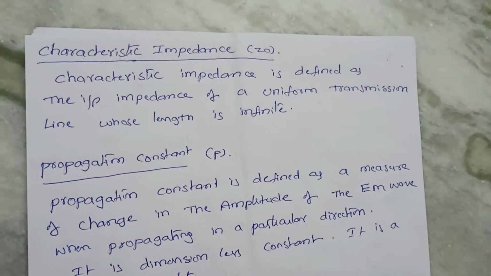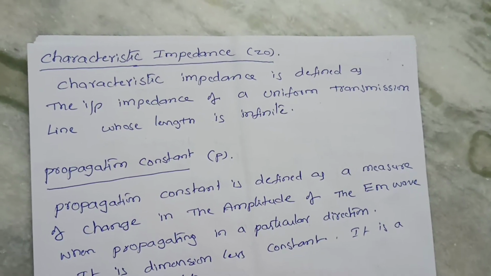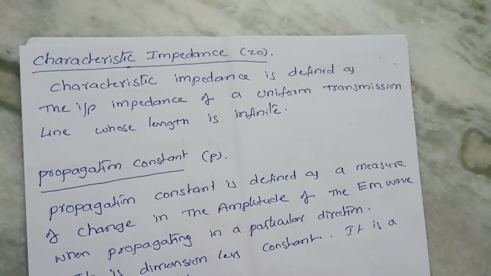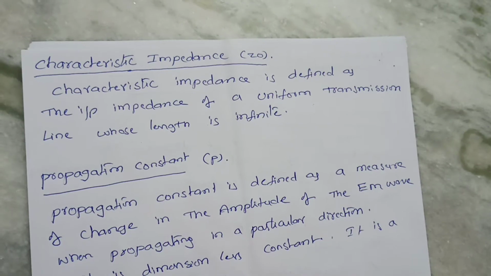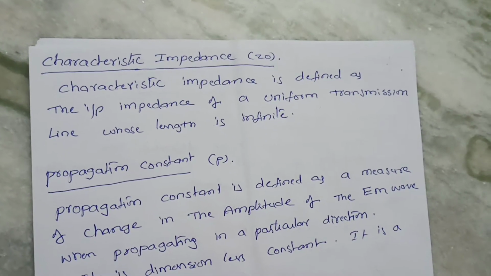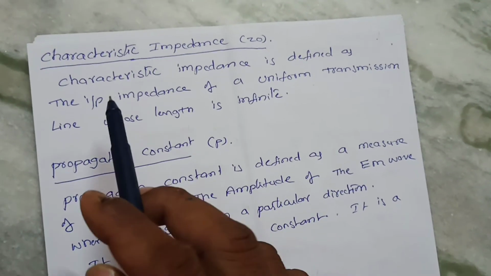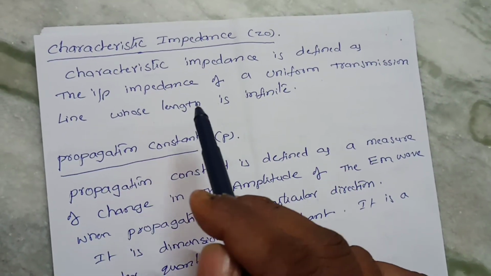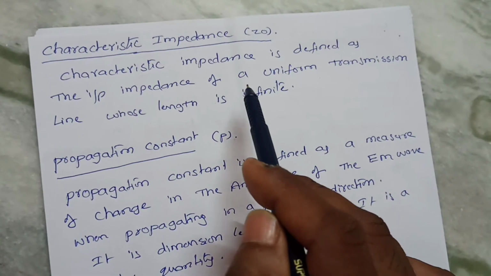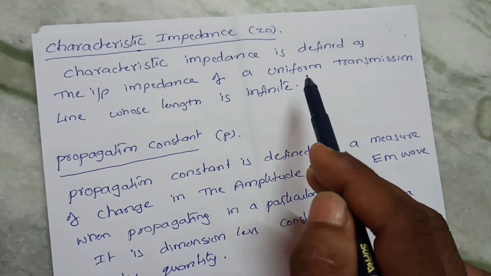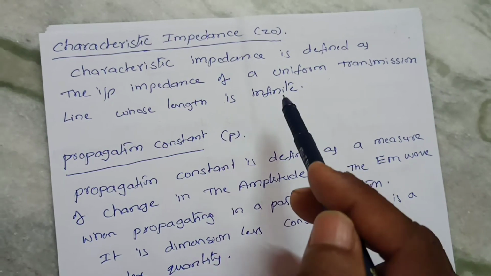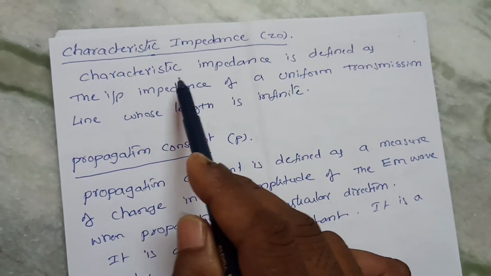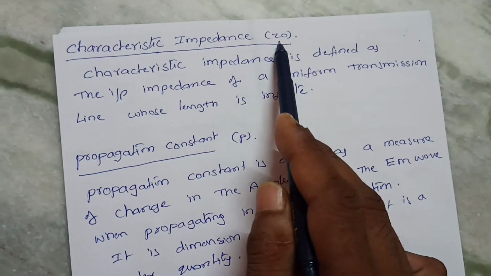Once again, characteristic impedance is defined as the input impedance of a transmission line of uniform size and infinite length. That input impedance is known as characteristic impedance, and it is indicated with Z0.